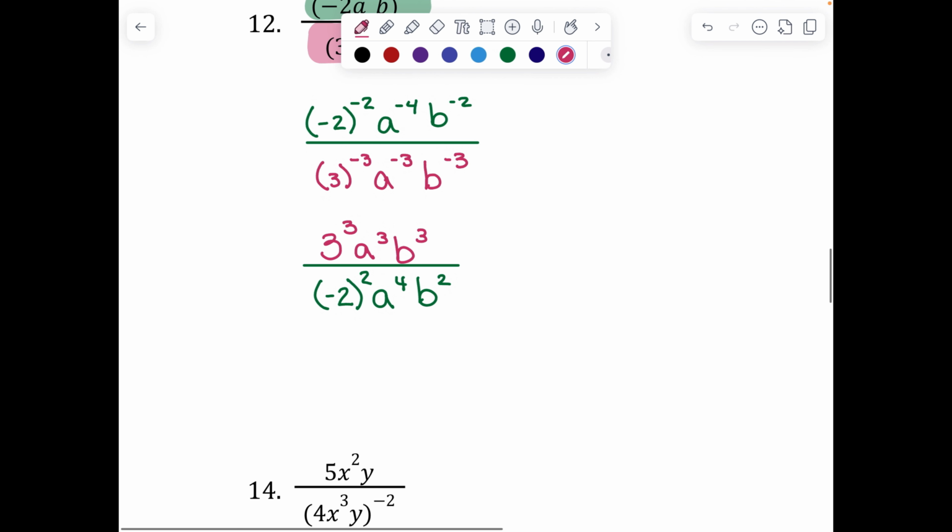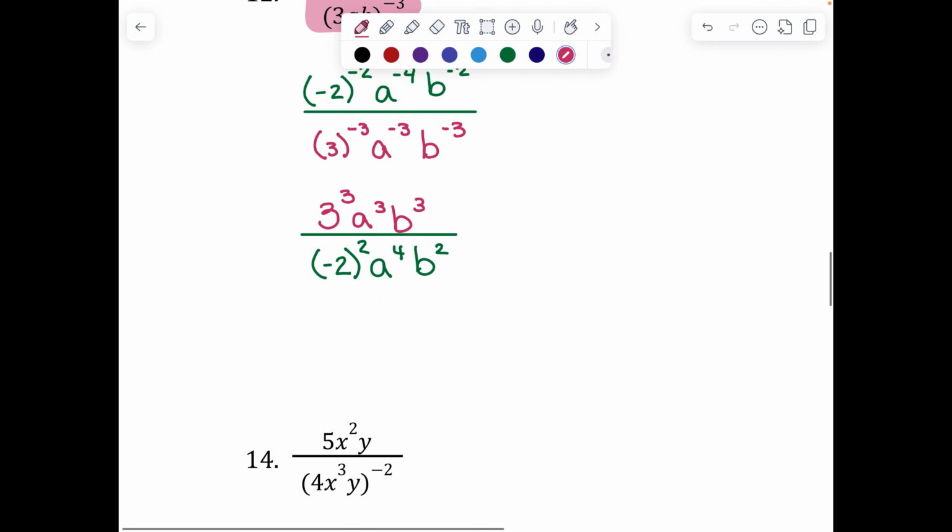Now we're going to go ahead and simplify those coefficients. So I have 3 to the third is 27. A to the third, b to the third stays the same. Negative 2 squared gives me 4. A to the fourth, b squared.